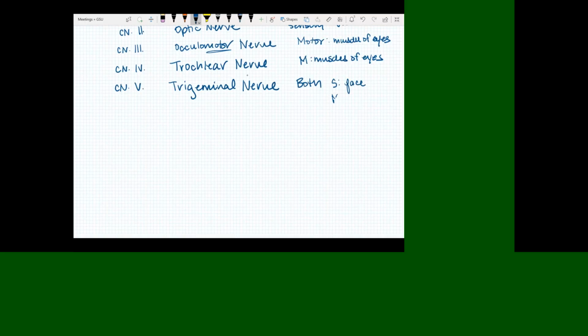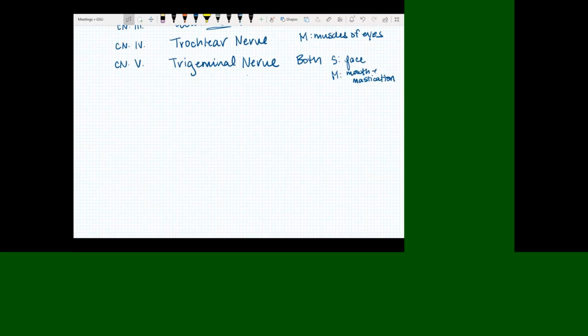But then it also has a motor component, and this motor is going to be the muscles of the mouth, specifically those involved with mastication, which means chewing. So your trigeminal nerve of the face is sending information to your brain about the overall sensation in the face, and then providing motor output to the muscles that are related to chewing in your mouth and mastication. So the trigeminal nerve is the first one that is both.